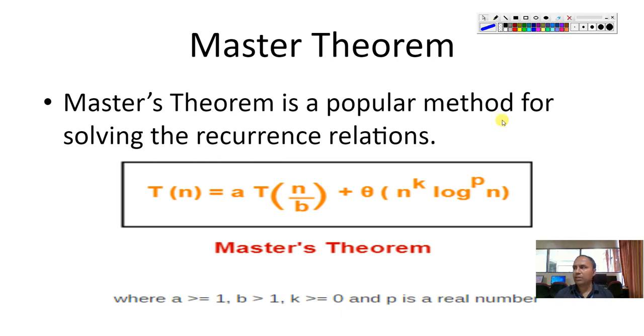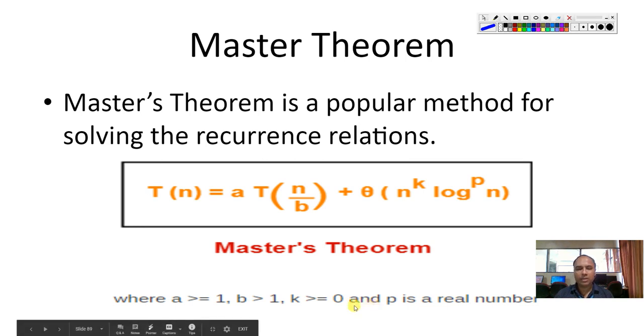If your recurrence equation is of the form T(n) = aT(n/b) + Θ(n^k log^p n), and if these conditions are satisfied, then we can apply the master theorem.